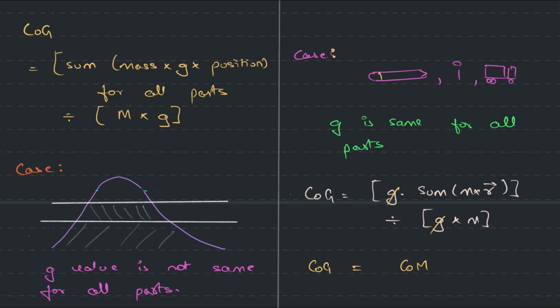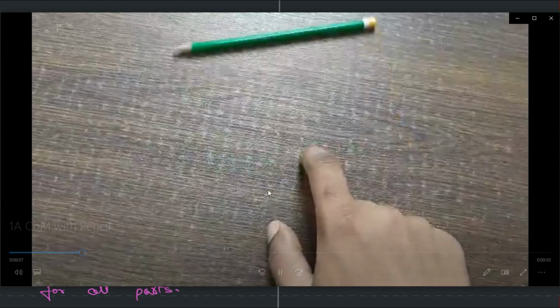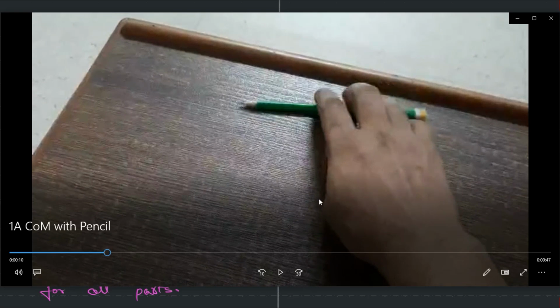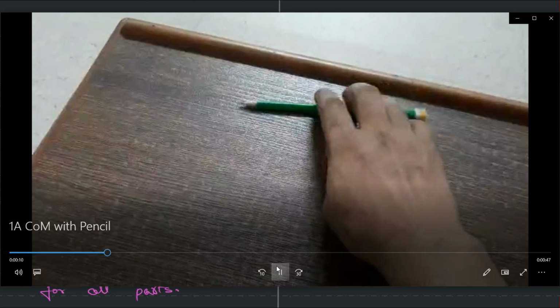The best example is again this video, wherein the motion of the pencil, when we hit the center of mass over here, followed the rule that if you apply a force through the center of mass, it will move in a straight line. All the parts will have the same velocity.